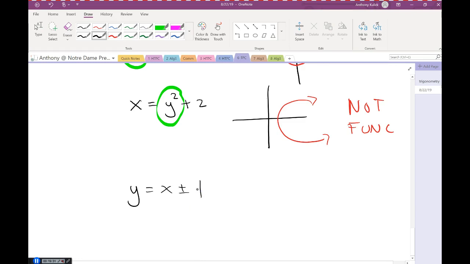Let's say we have y equals x plus or minus 1. Kendall, you mumbled something. Can you repeat it for us?